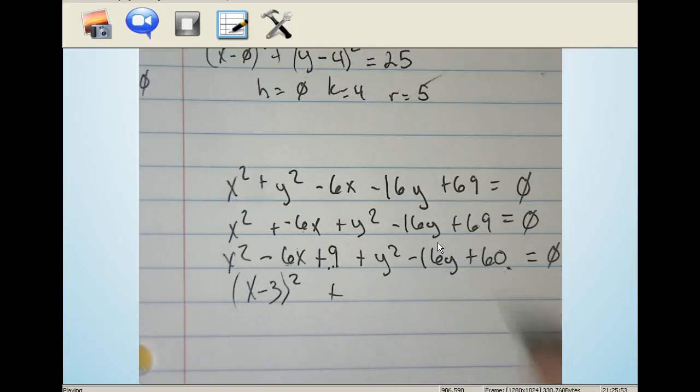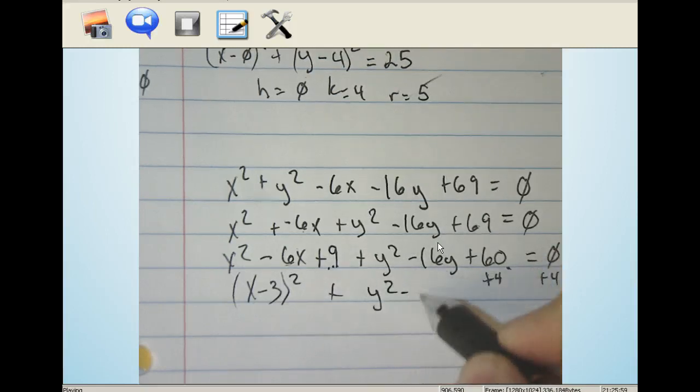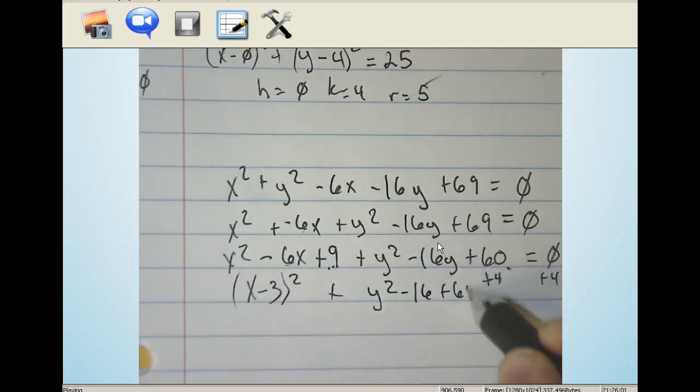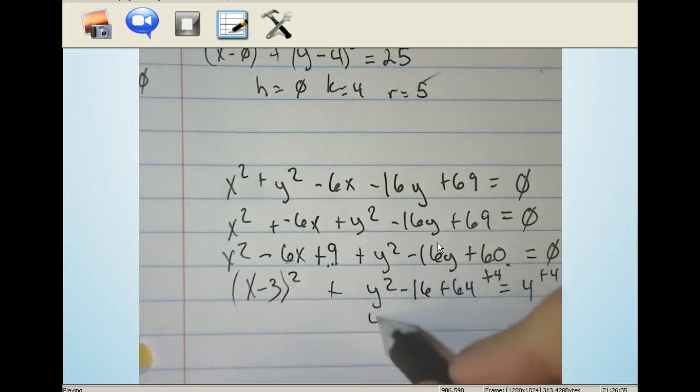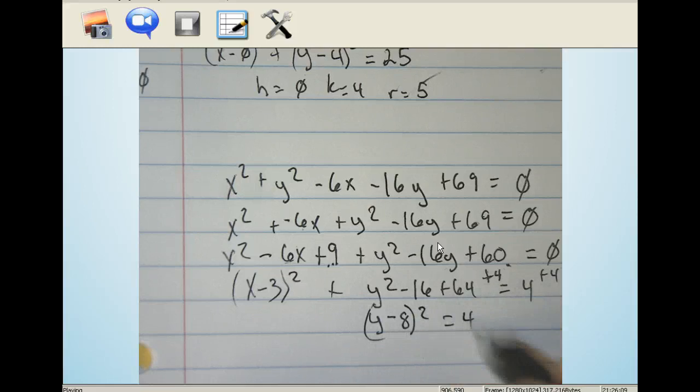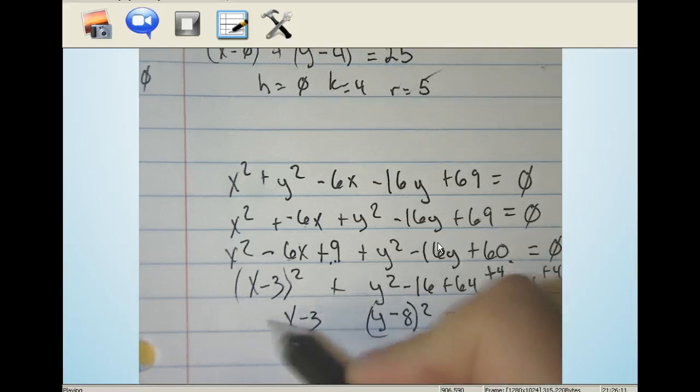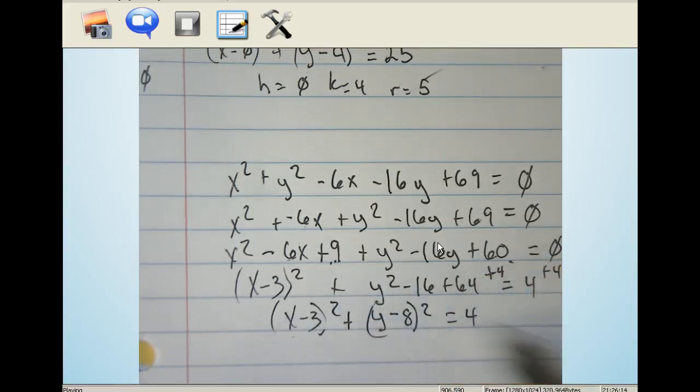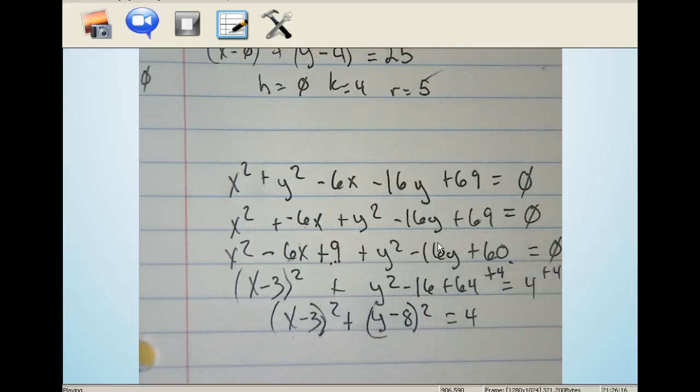So in order to get this done, I'm going to have to add 4. So I'd add 4 to both sides. I get y squared minus 16y plus 64 equals 4. And then I can factor this. This is going to be y minus 8 squared equals 4. And I have x minus 3 squared plus y minus 8 squared equals 4.